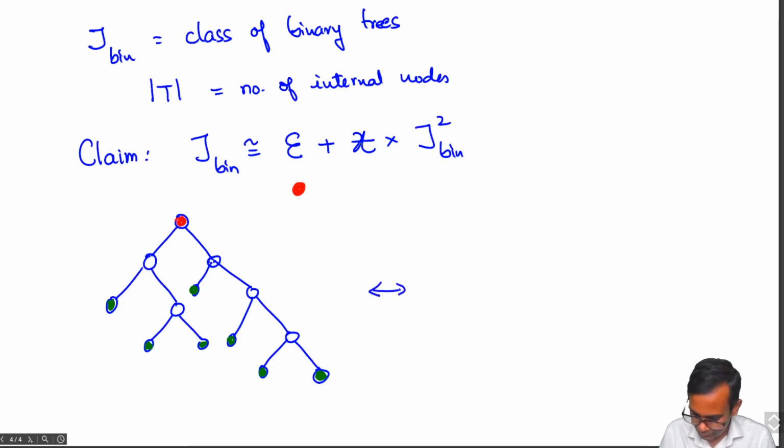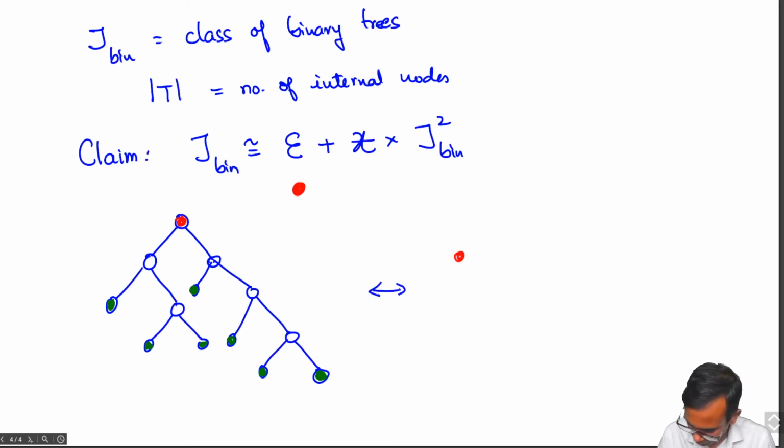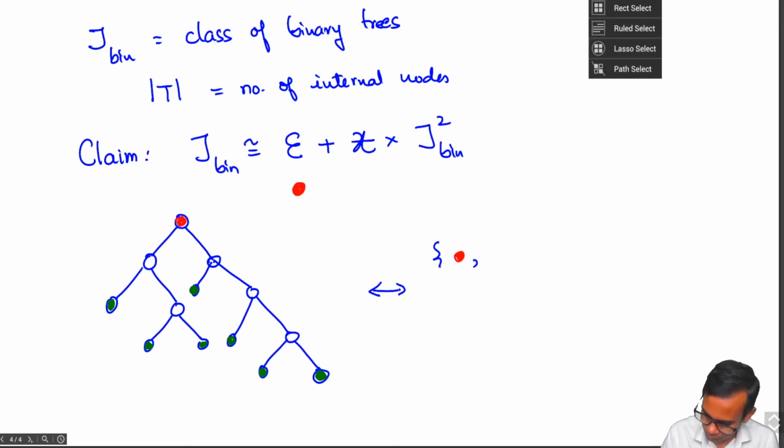I get x, that just refers to the root, and then I need to give you a pair of binary trees. So I'll do what you're probably all thinking.